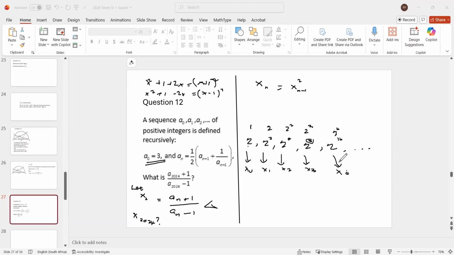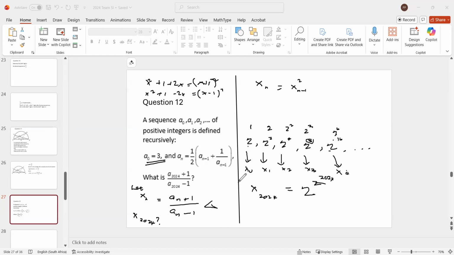So x_4 is 2 to the power of 2 to the power of 4. x_3 is 2 to the power of 2 cubed. x_2 is 2 to the power of 2 squared. So we are looking for x_2024. That will be 2 to the power of 2 to the power of 2024. The exponent of 2 is 2 to the power of 2024.